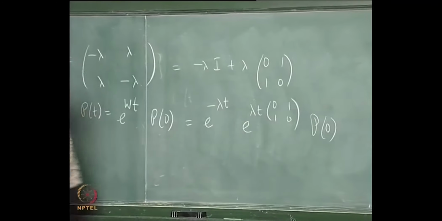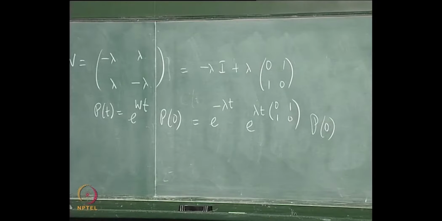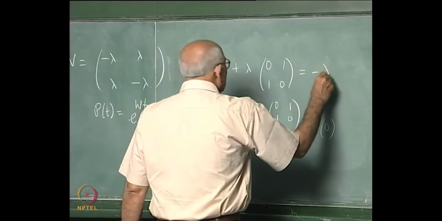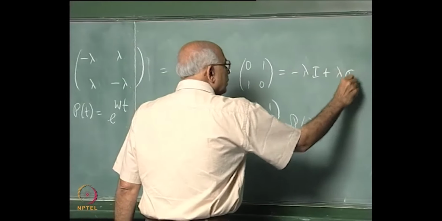What is the square of this matrix? Well, let me call this matrix, it has got a name, minus lambda I plus lambda, let me call this matrix sigma 1.